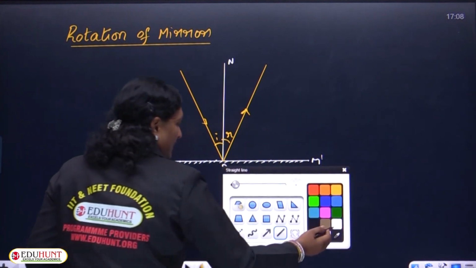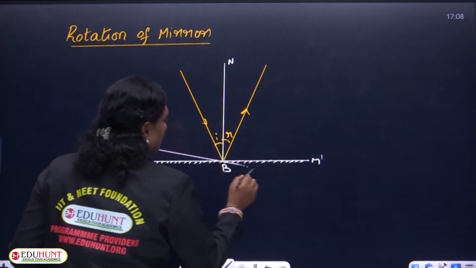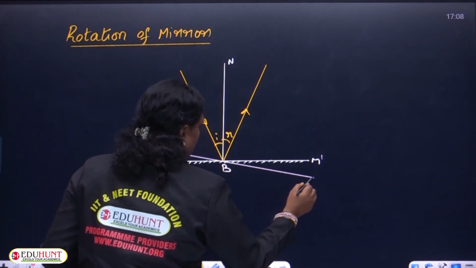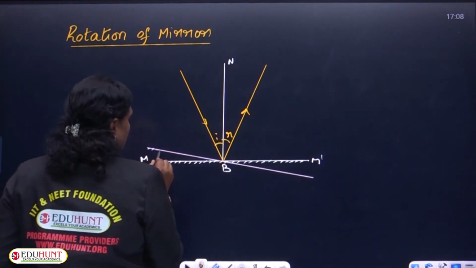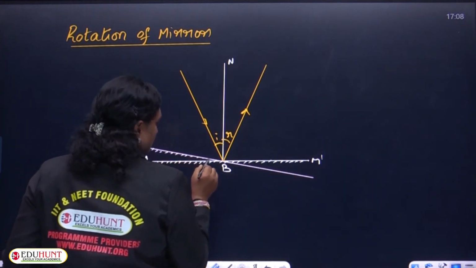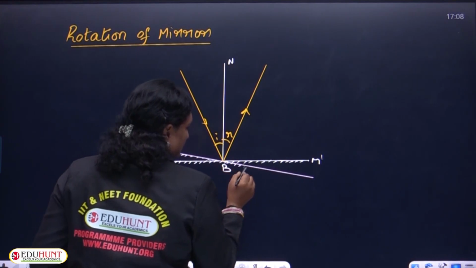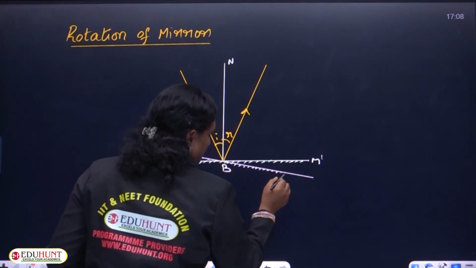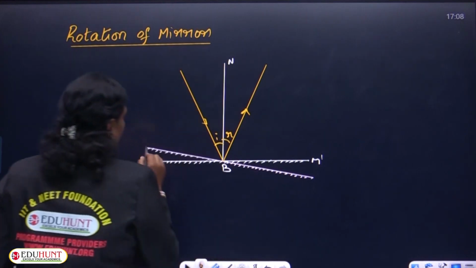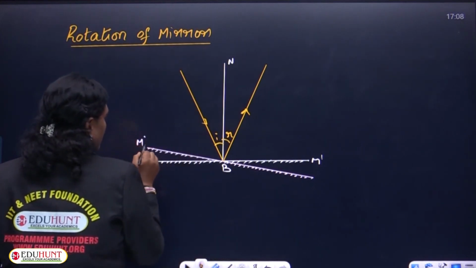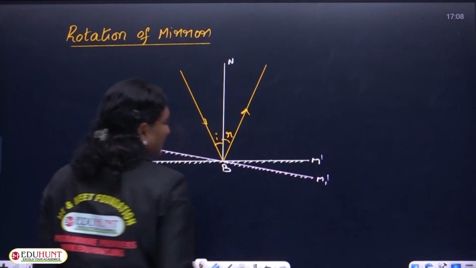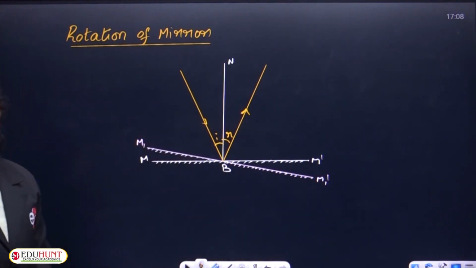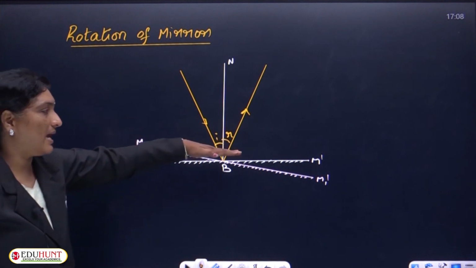Let us suppose that this M1 dash is the new position of the mirror. The earlier position was M dash.